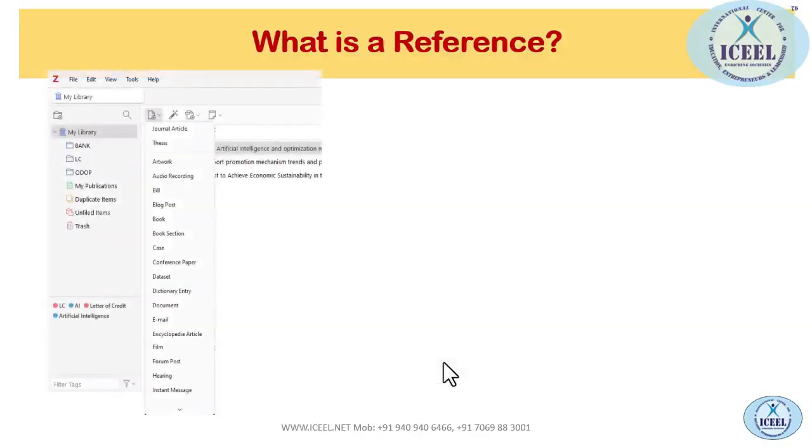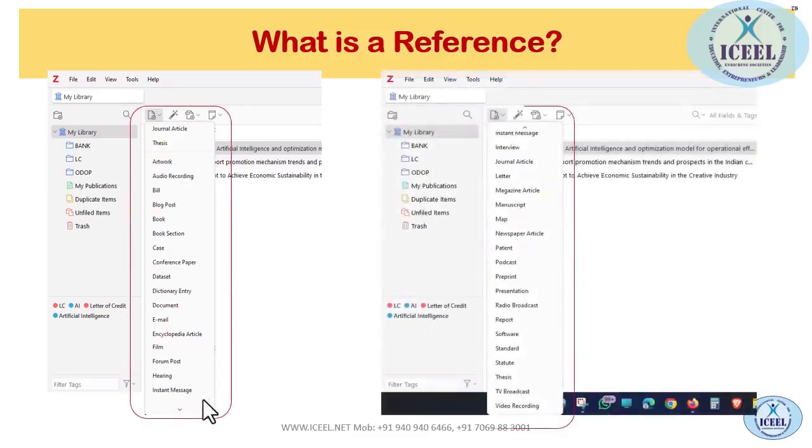Now, what is a reference, guys? A reference, as I said, can be a thesis, artwork, audio recording, you can see here, bill, blog post, book section, case, conference paper, data set, directory entry, dictionary entry, document, email, encyclopedic article entry, film, forum post, hearing. All these are references. A similar kind of reference list is given in Zotero.